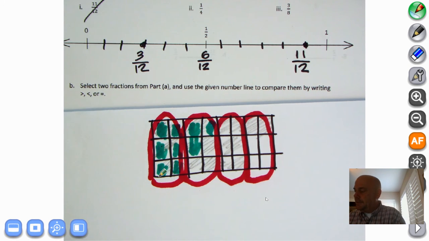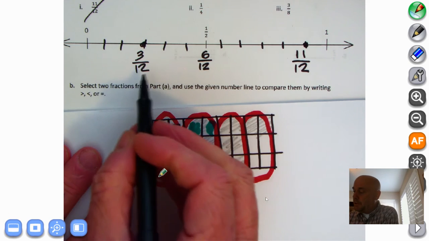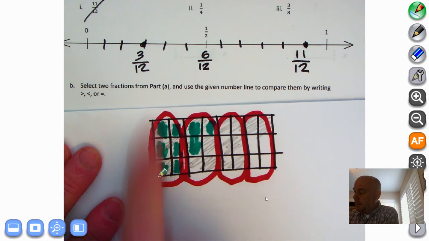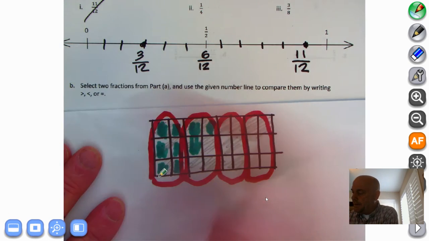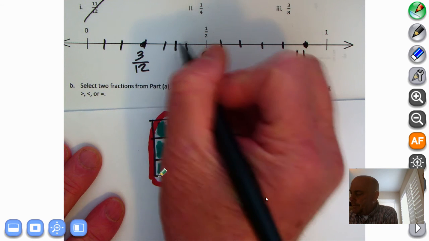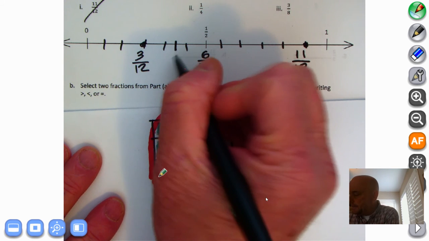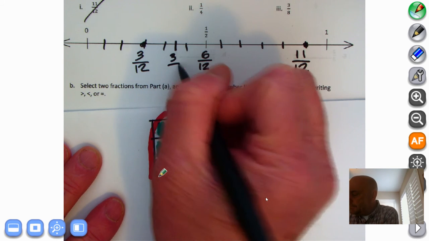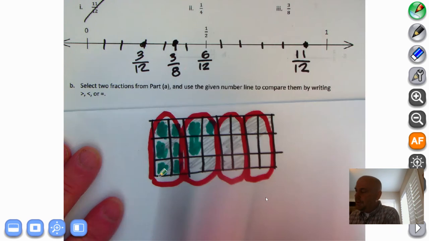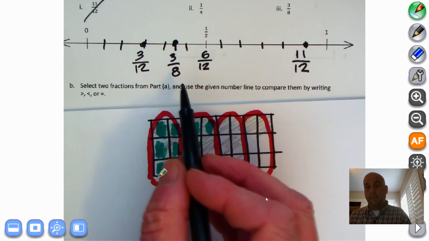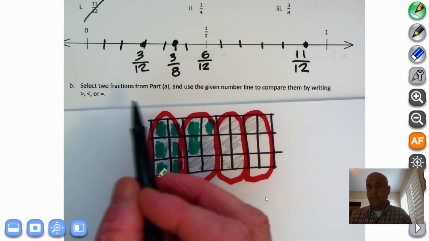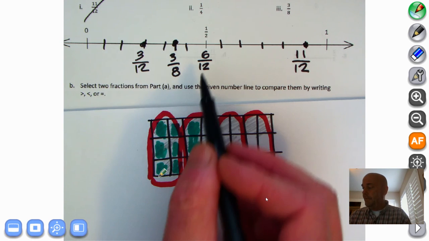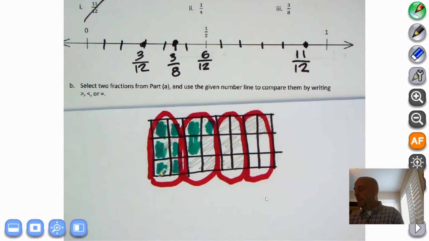So definitely less than 1/2. Is it more than 3/12? Remember, 3/12 is only one of these, so it's going to come out right around here somewhere. And we could put 3/8. Not quite 1/2. Do you notice something here that if it was 4/8, it would be 1/2? Half of 8 is 4, like half of 12 is 6. Something to think about as we continue on.